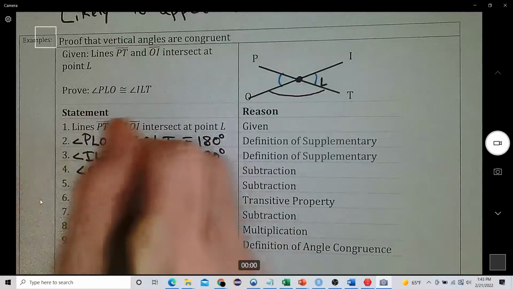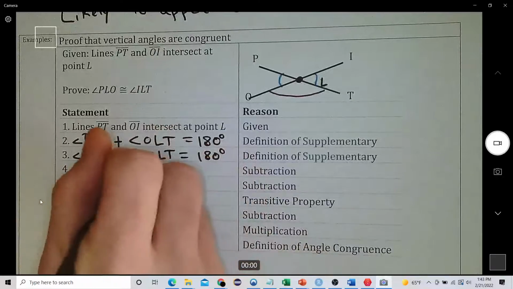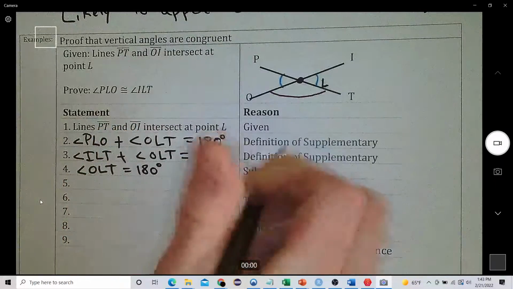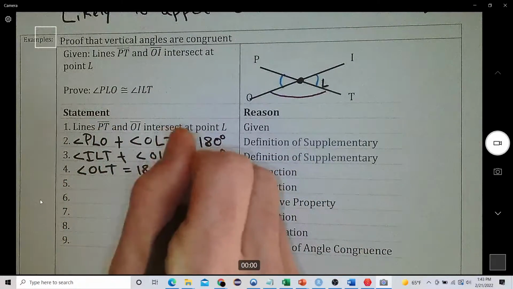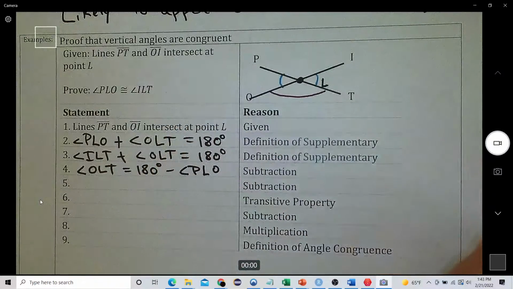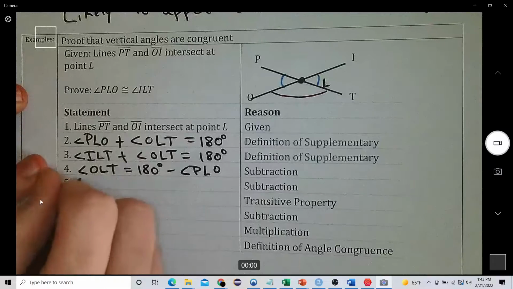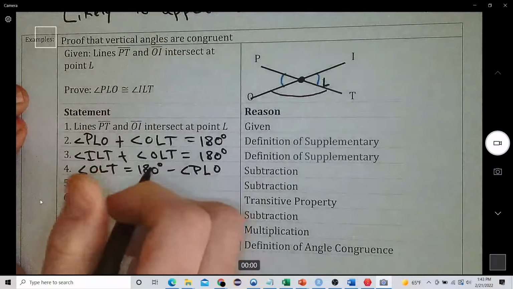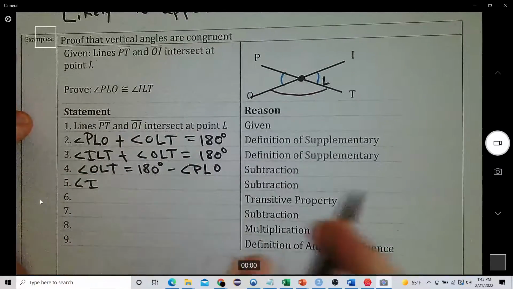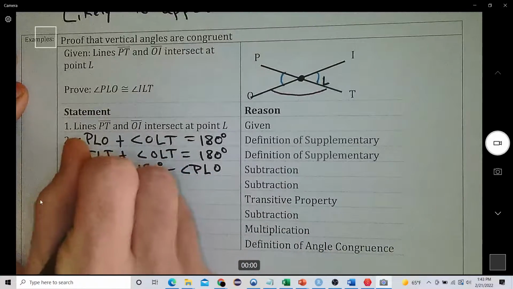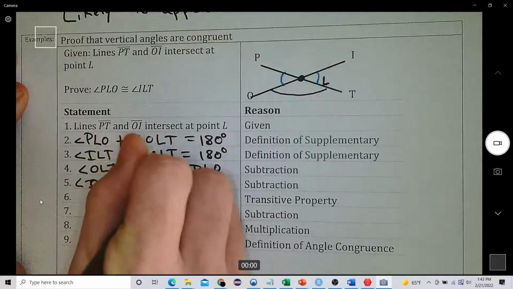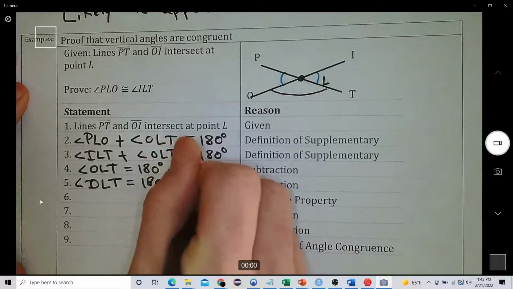So angle OLT is equal to 180 degrees minus angle PLO. And then angle ILT. Oh, sorry, we subtract angle ILT from both sides, and so we have OLT is equal to 180 degrees minus angle ILT.